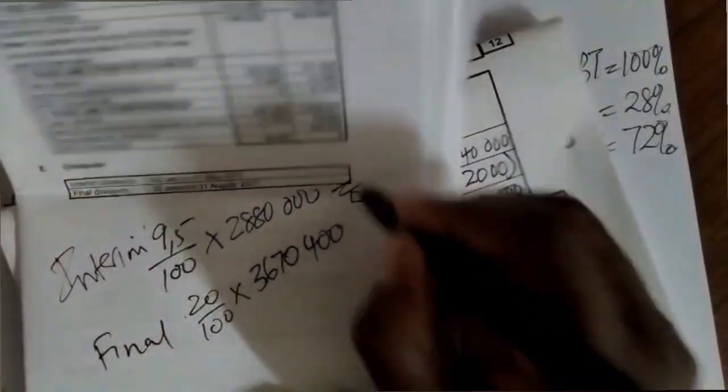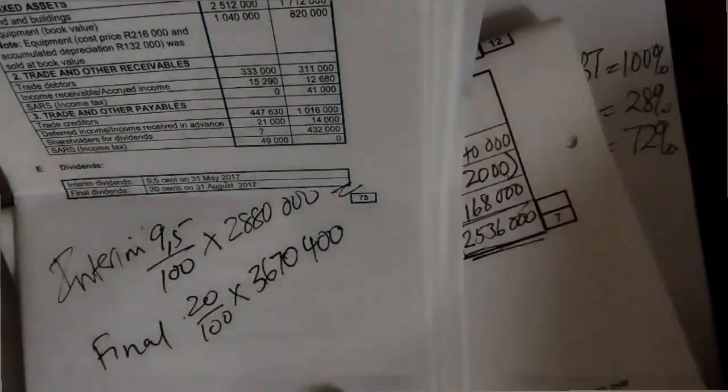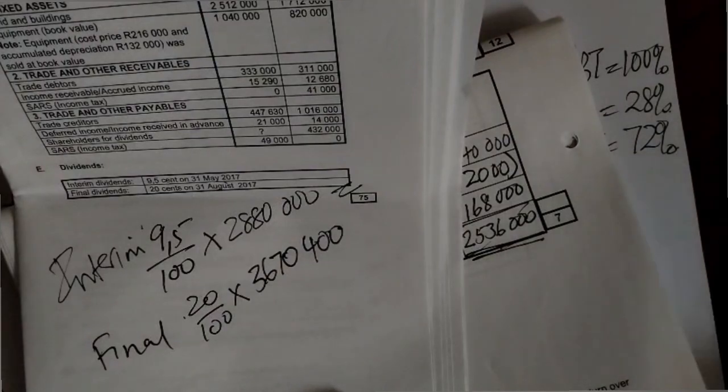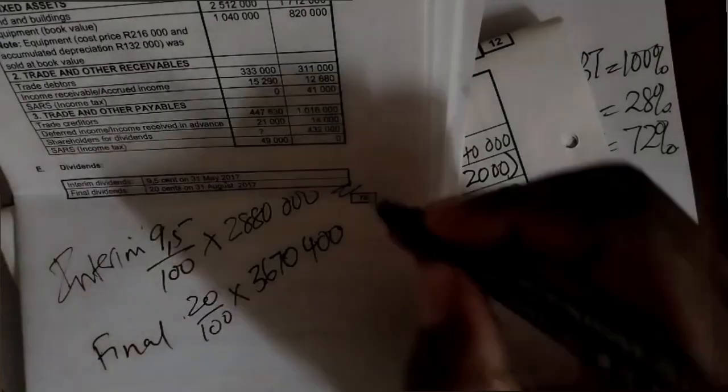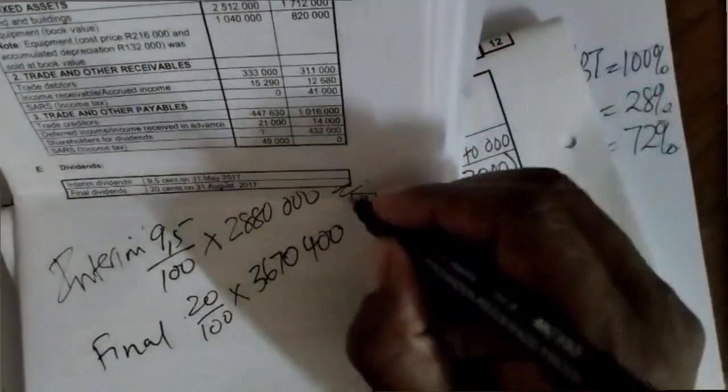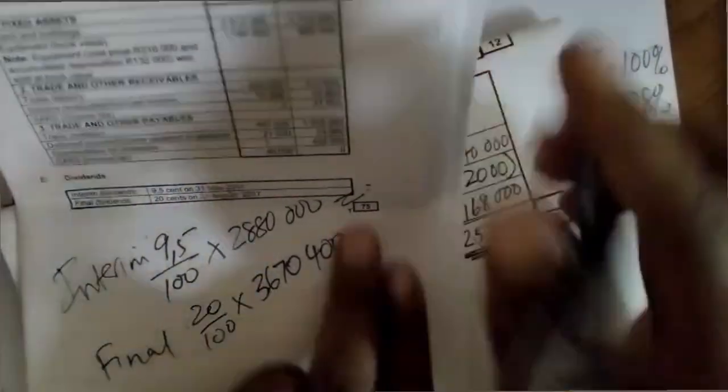Now we can calculate our dividend. My interim dividend is 9.5 over 100 times 2,880,000, which gives us 273,600.